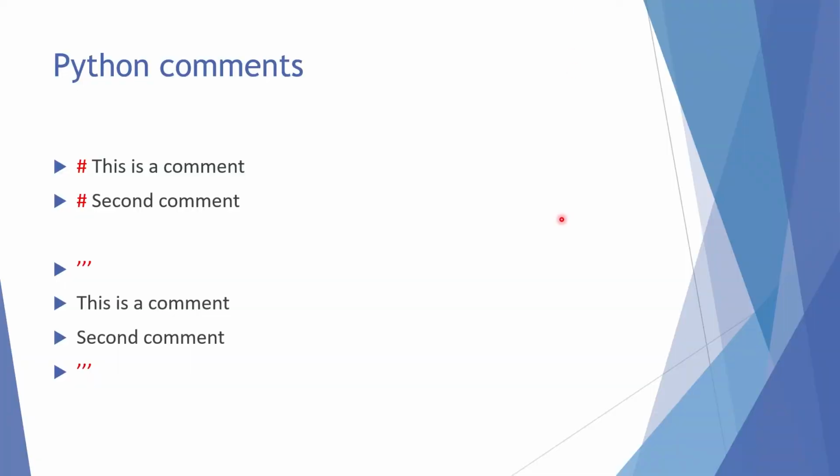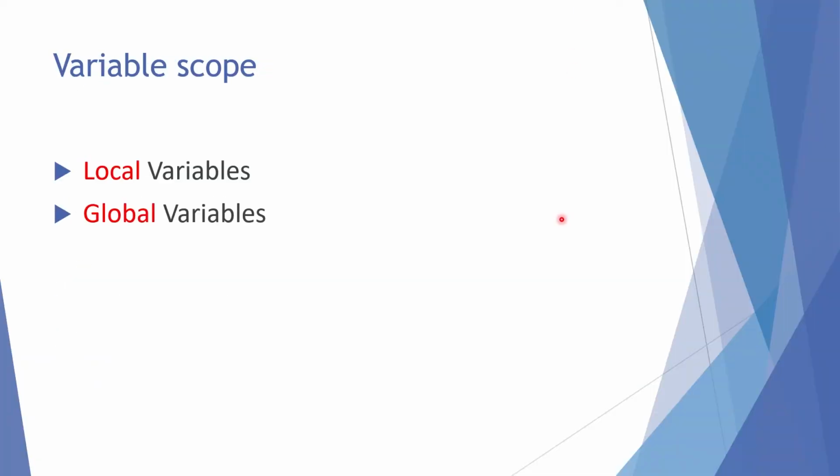Good, enough about comments. I also want to talk a bit about variable scope. We saw what variables are, and in Python, as in most programming languages, we have local variables and global variables. I will demonstrate an example.